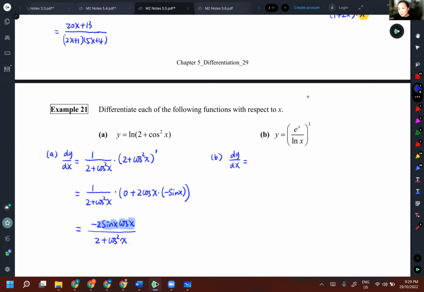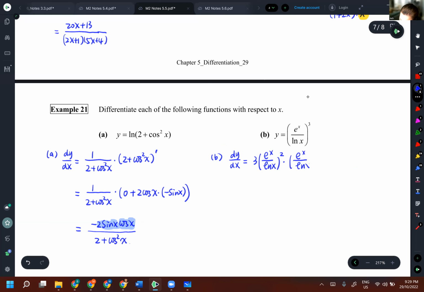It's u cubed first, so 3u squared and then du/dx. I see composite first. Now, if you see the quotient first, then our method will differ.